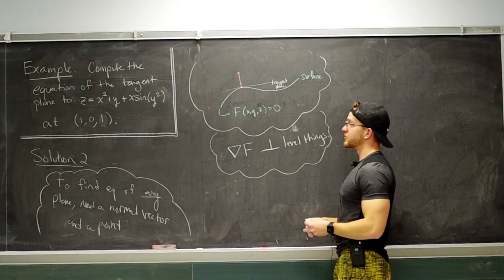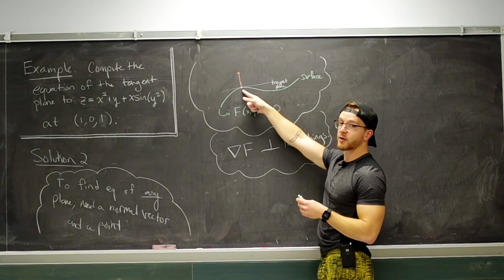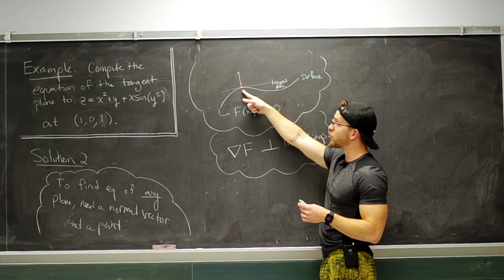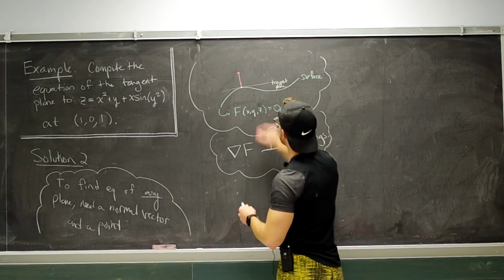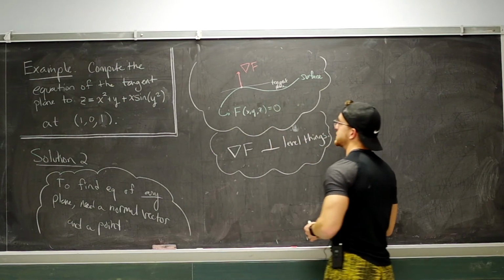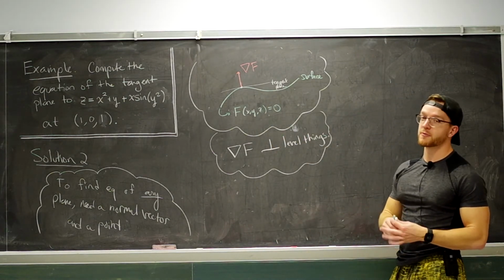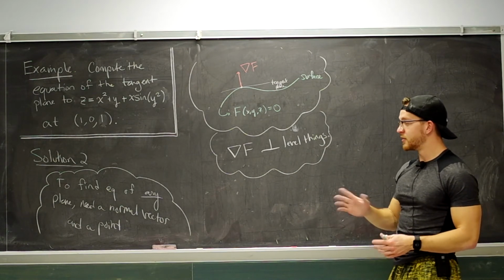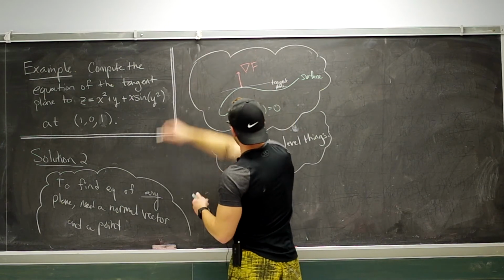Say capital F equals 0, then this fact tells me that one way to generate the red vector that I'm looking for would be to take the gradient. So we can take the gradient of the 3-variable function, that'll be the normal vector, and then we'll be in good shape. So how does that actually work?